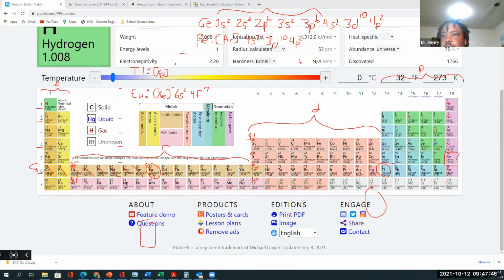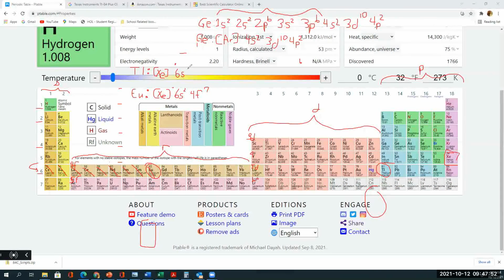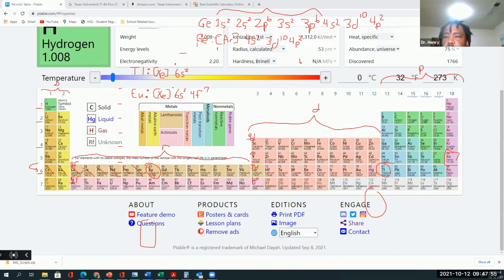Then 6s2, and then 4f14, and then 5d10, and then 6p1. Okay. Simple. Got it. Good.